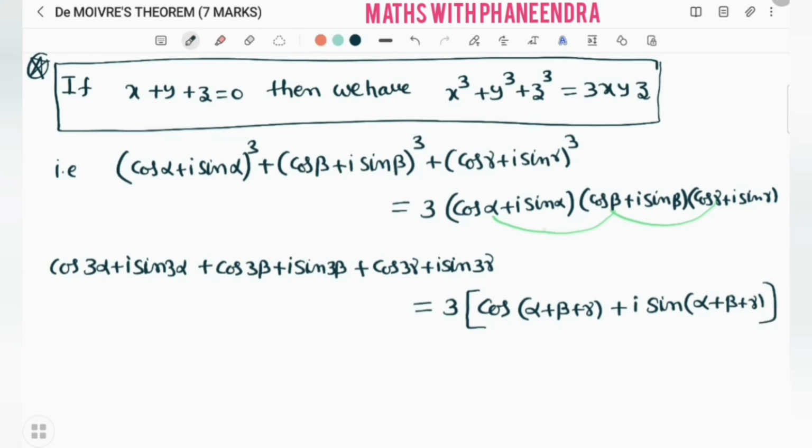Suppose there are 5 angles, 5 complex numbers, if you multiply, alpha plus beta plus gamma plus delta, like this it will come.